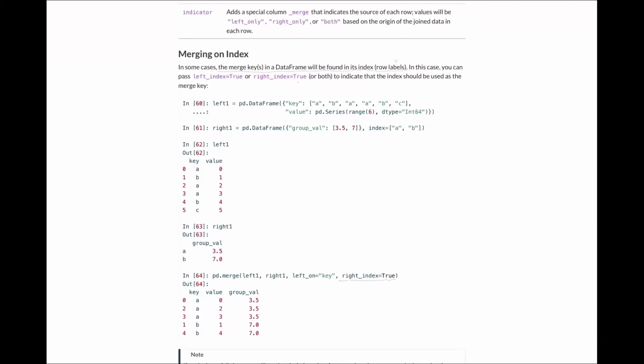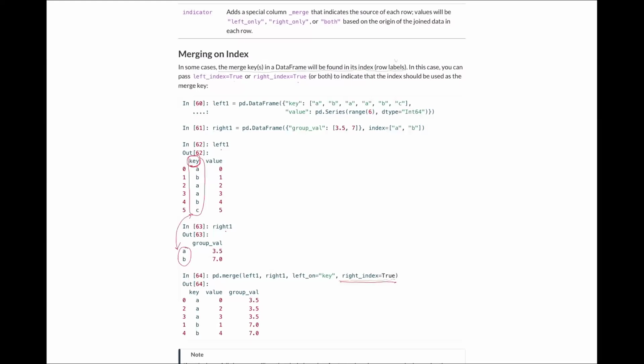Also when we merge on the index like this, with a left and right table, and we merge based on these key values, and right index is true in this case, you can keep it by using these row names and key column as a joining key variable.